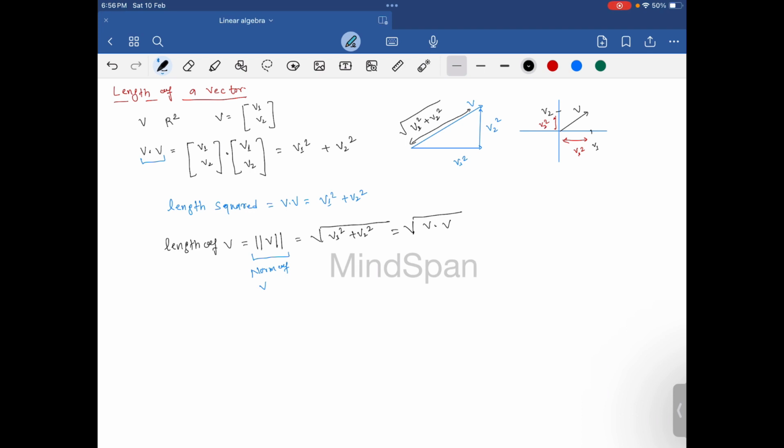This is how we can find the length of a vector. We looked at two-dimensional space, and the same idea can be extended to n-dimensional space.